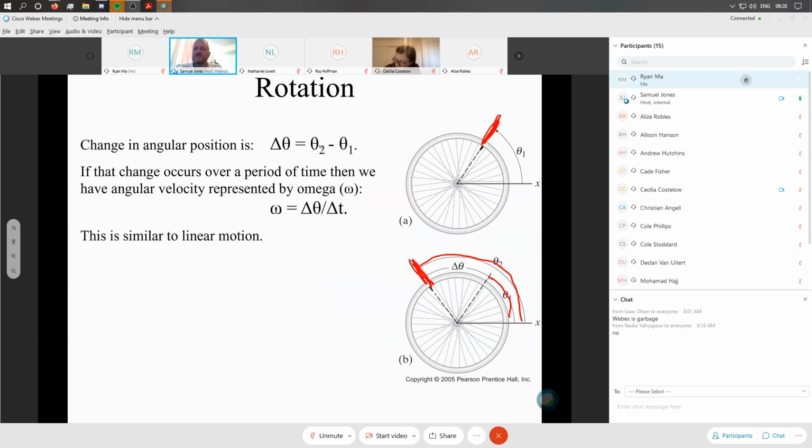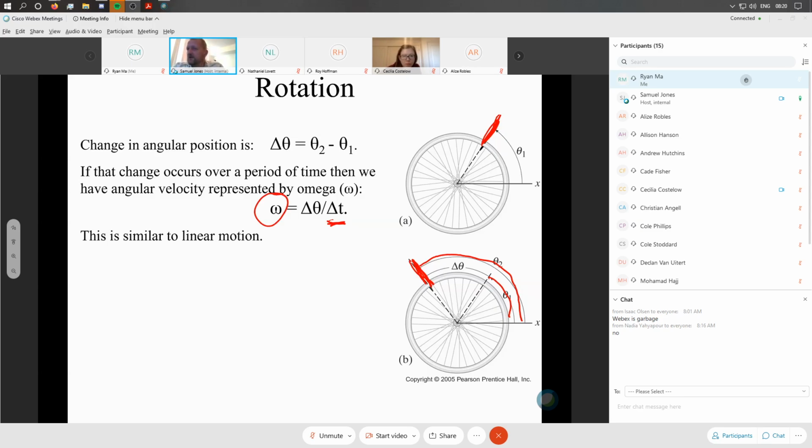Like I said, this move from theta 1 to theta 2 takes time. If we take the ratio, or divide the change in angle by the change in time, that gives us a new property, which we call angular velocity. And that's represented by lowercase omega.